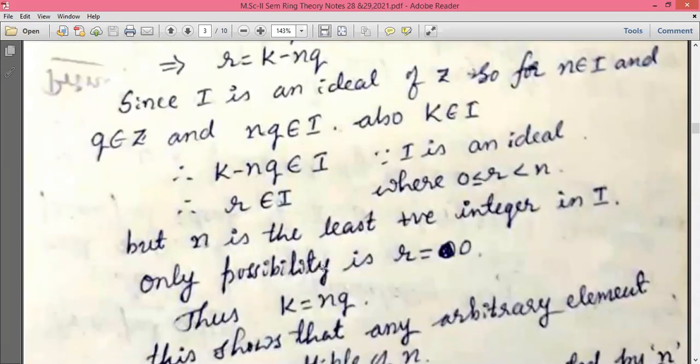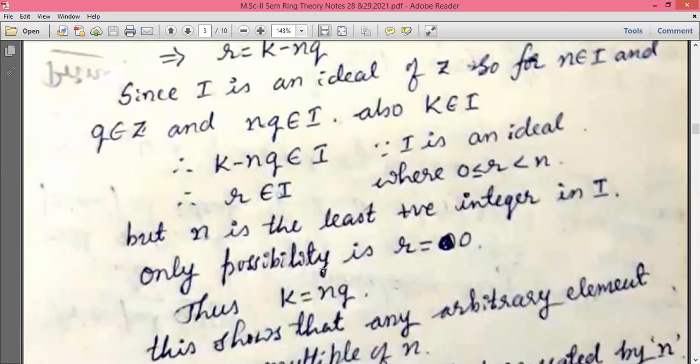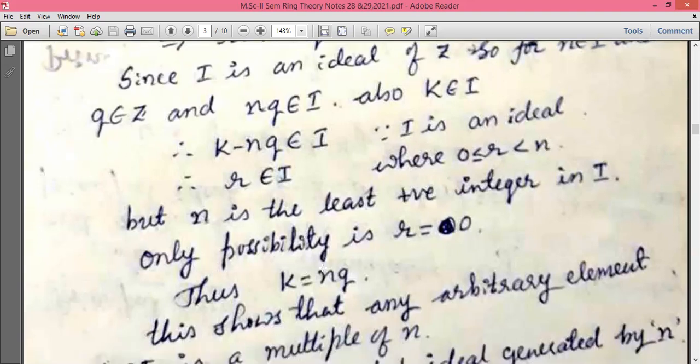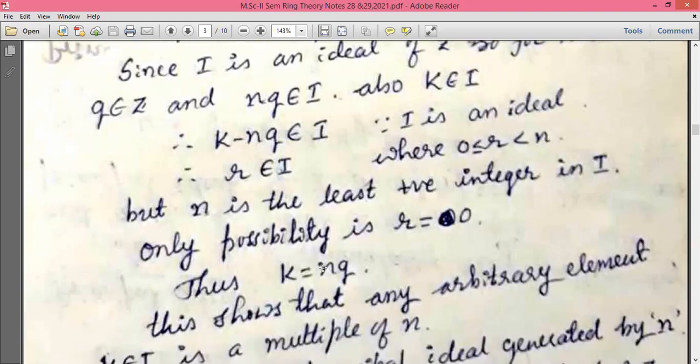Since I is an ideal of Z, n is the least positive integer, n is an element of I and q is an element of Z. So definitely nq is a member of I. Also k is a member of I. That means k minus nq is a member of the ideal, since I is an ideal. This is r, which runs from 0 to n.